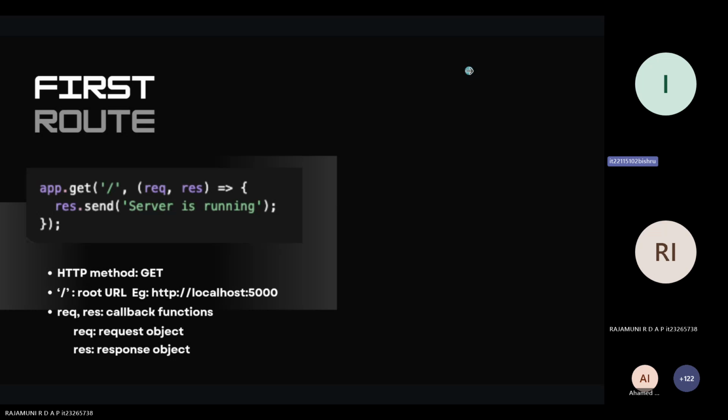And the next thing, which is within the quotation marks, there's a slash. We call it the route. At this particular point, this is the root URL. You'll be able to see that I've given you an example here. Can you highlight the second bullet point? Okay, in this bullet point, I have highlighted the example for the root URL.